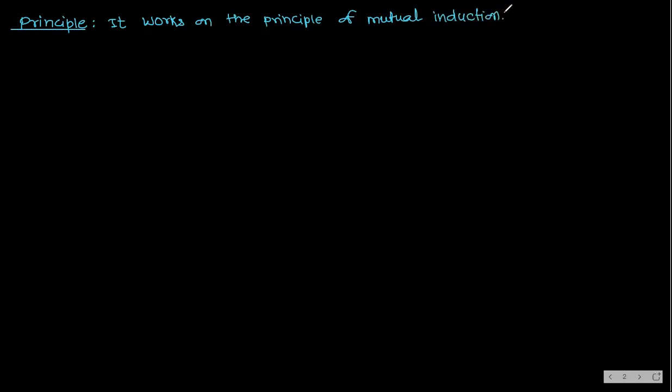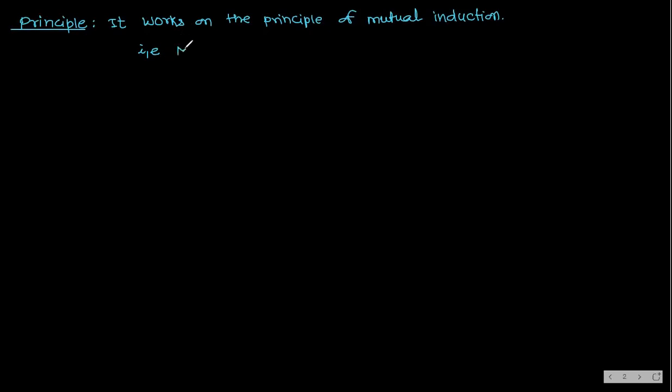It works on the principle of mutual induction. That is, when current flowing through a coil or magnetic flux linked with the coil changes, an induced EMF is produced in the other coil.